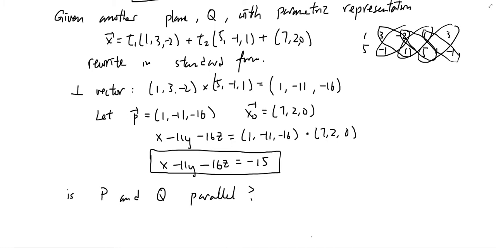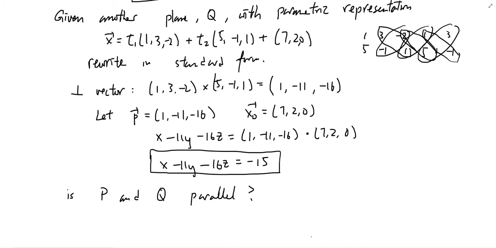I told you that you cannot determine if two planes are parallel by looking at the direction vectors, because there are way too many different pairs of direction vectors that can be used, and there is no direct correlation between the direction vectors, meaning that two planes can be parallel. It is possible for two planes to be parallel without any of the direction vectors being multiples of each other.